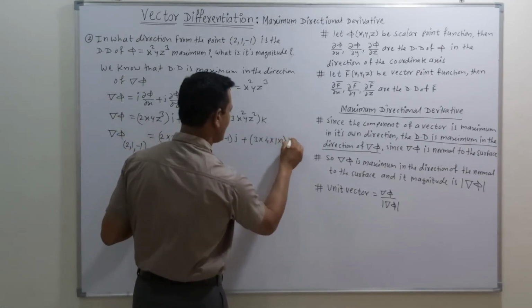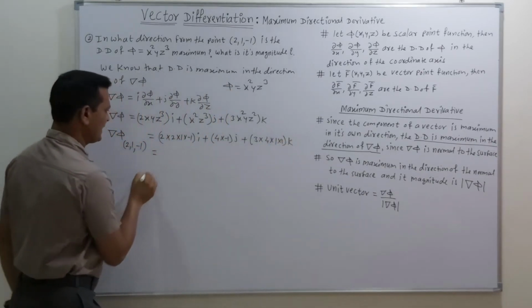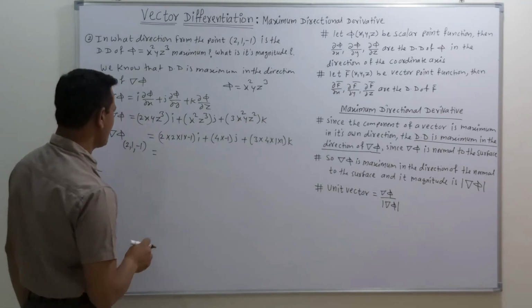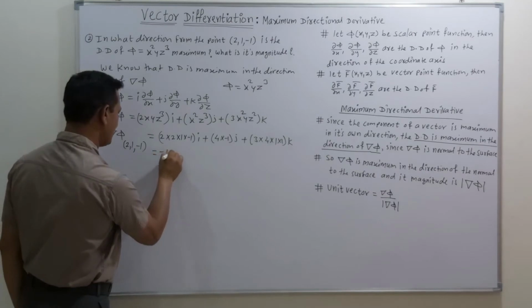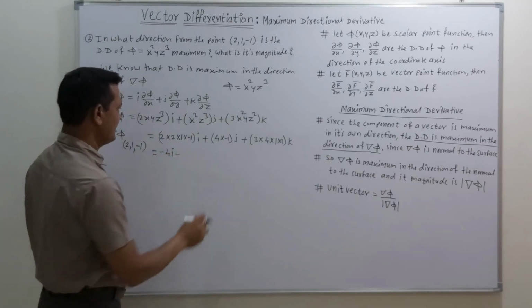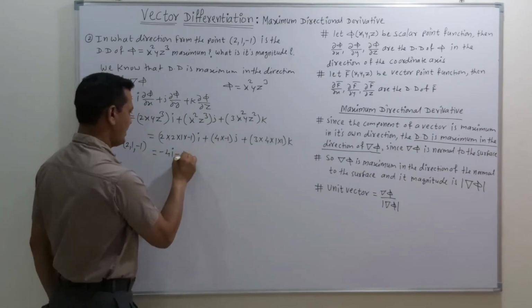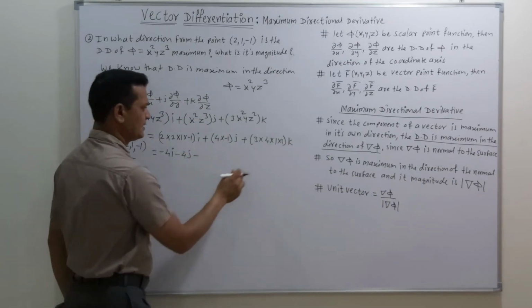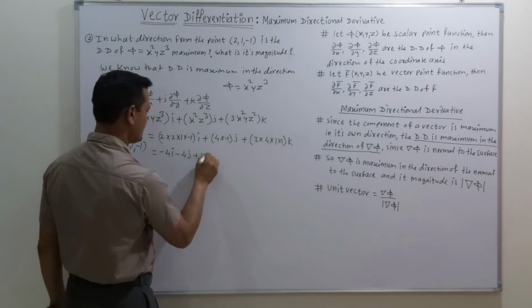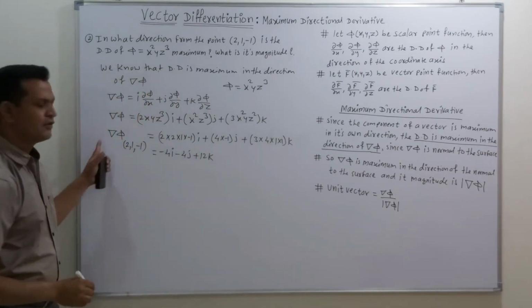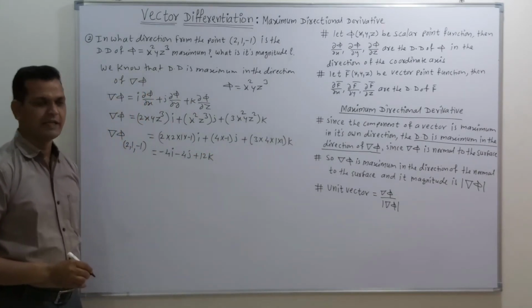So we can write this as minus 4i, then again this is 4 into minus 1, minus 4j, then 4 into 3 is 12, plus 12k. So this is the value of the maximum directional derivative.